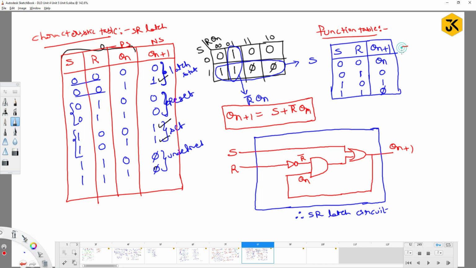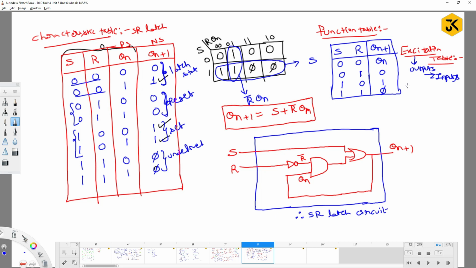Similarly, I can define one more technical terminology, that is the excitation table. Excitation table means that if I know the outputs, I can determine what the inputs are. That is defined with the help of the excitation table.